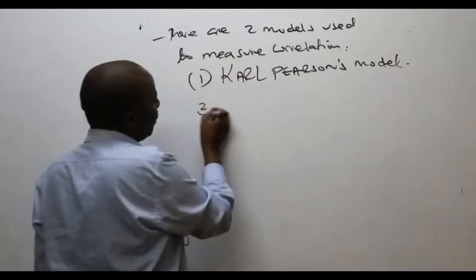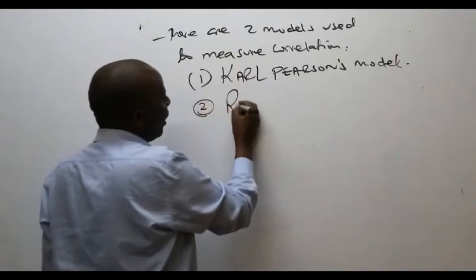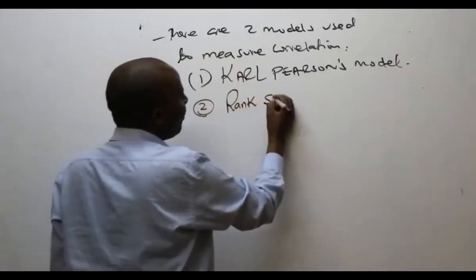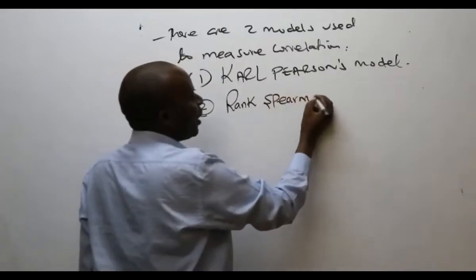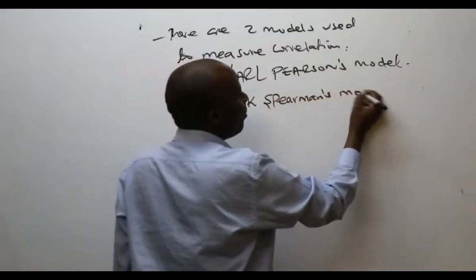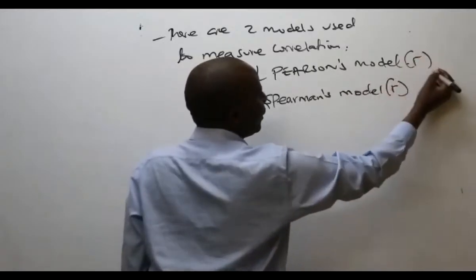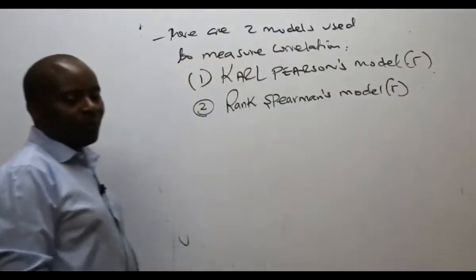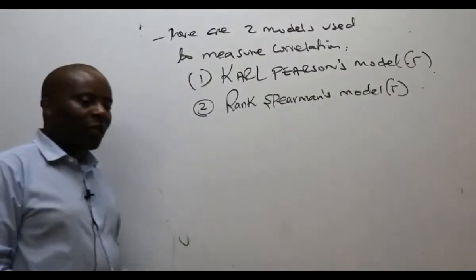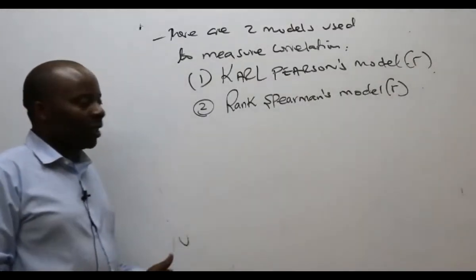And then number two, we have the Rank Spearman's model. Both of them are denoted with R.